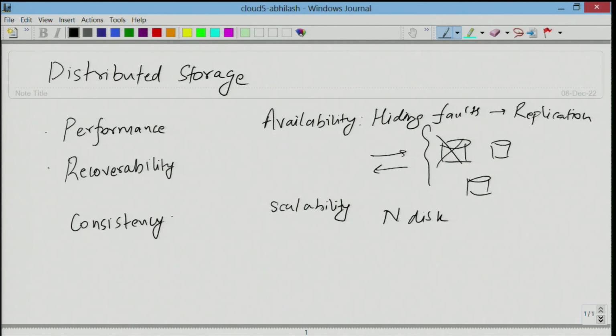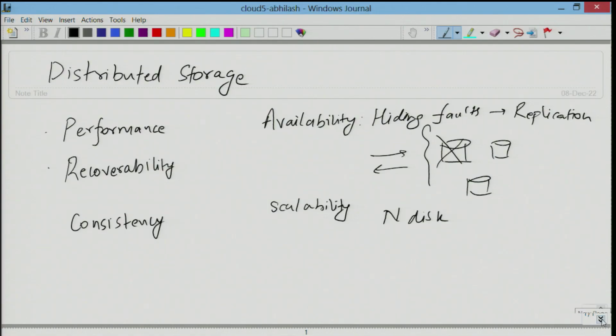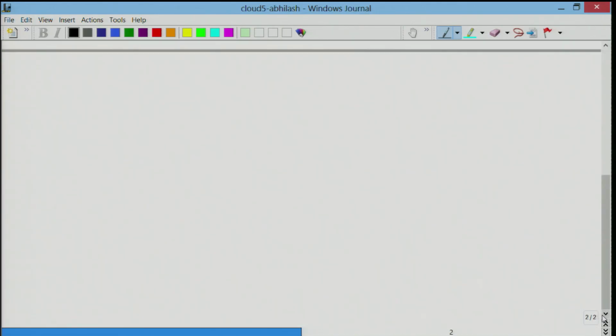If reads and writes are happening and there are multiple copies of the data, they should stay in a consistent state, or the reads and writes should at least see a consistent state. So we will spend most of our discussion around consistency.